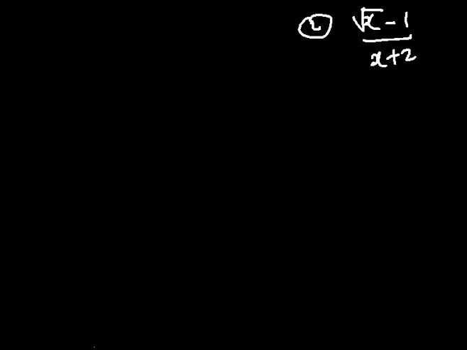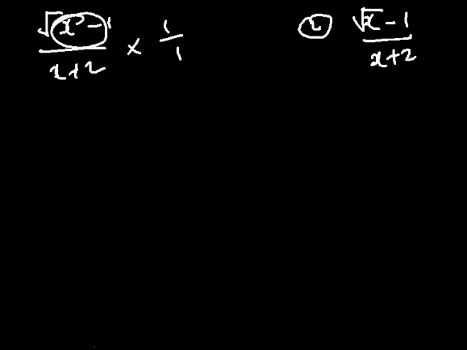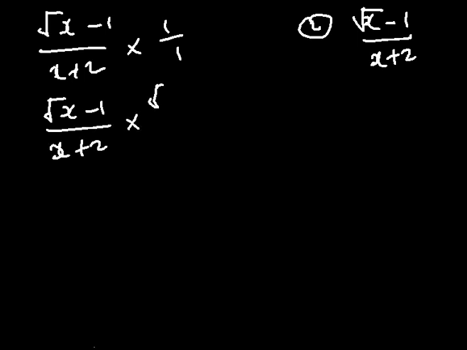The principle remains the same. Having this kind of expression, this is the same as the square root of x minus 1 over x plus 2 times 1 over 1. In this case, what is the conjugate of the square root of x minus 1? It is the square root of x plus 1. So we have the square root of x minus 1 over x plus 2, times the square root of x plus 1 over the square root of x plus 1.